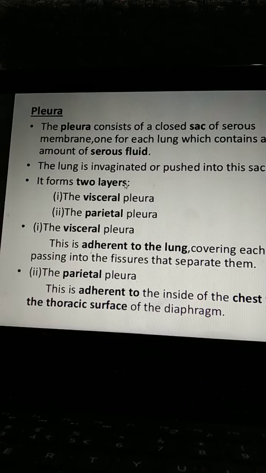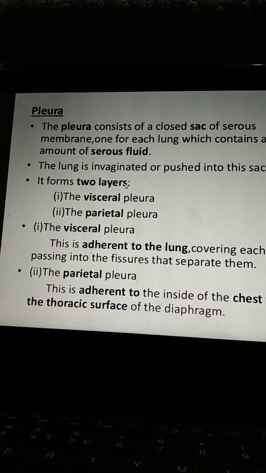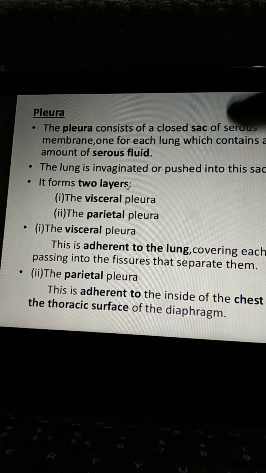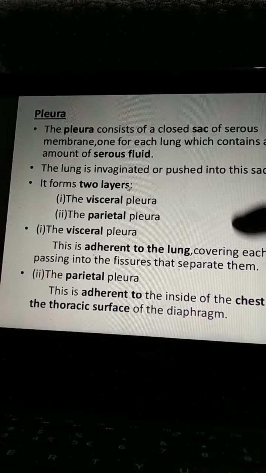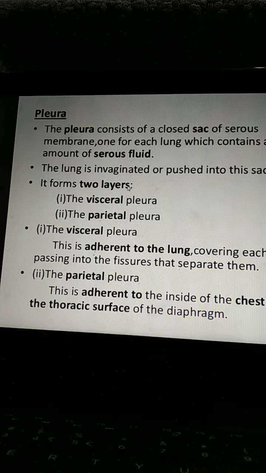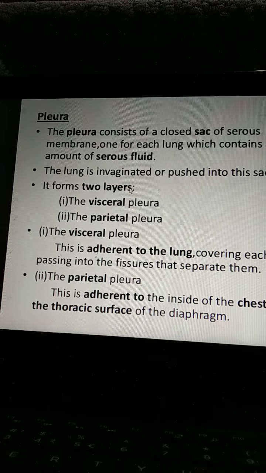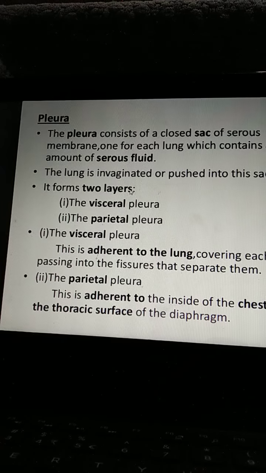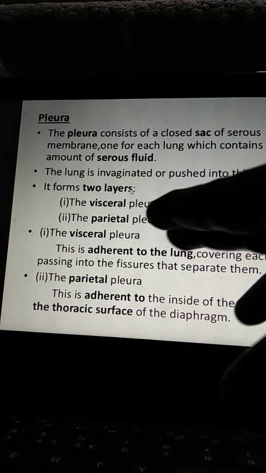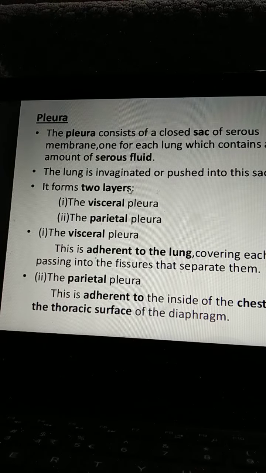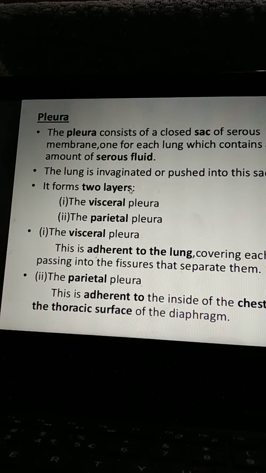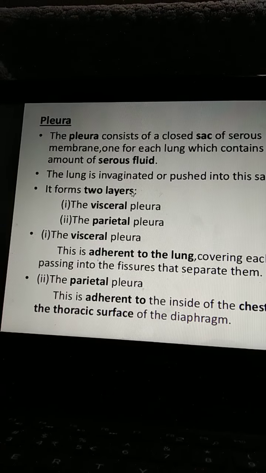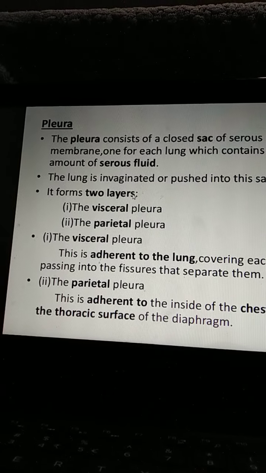There are two layers of pleura: the visceral and the parietal. Parietal means outside, so the parietal pleura is present towards your rib cage, whereas the visceral pleura is adherent to the lungs.